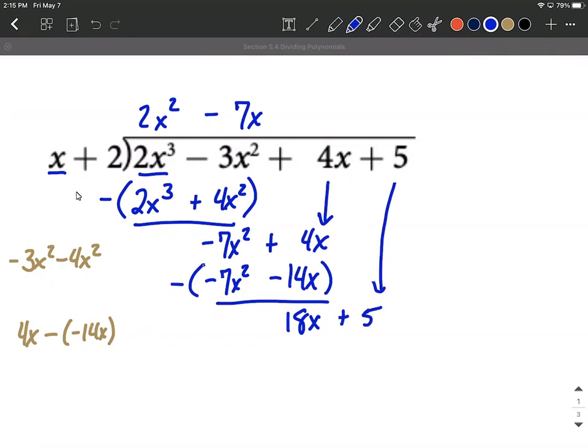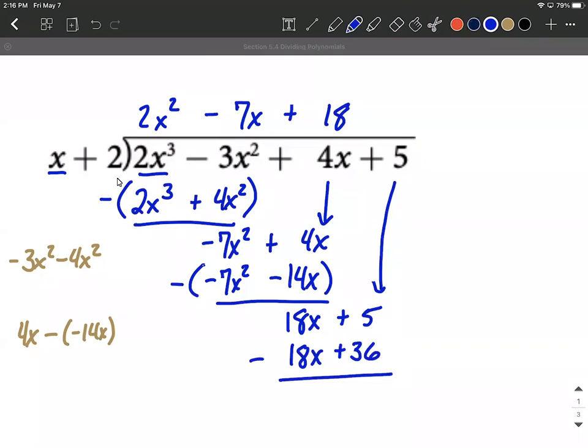and start again. So one more time we say x times what is going to make 18x. Sure enough, plus 18. Distribute, so 18 multiplied by x is 18x. 18 multiplied by 2 is going to be 36.